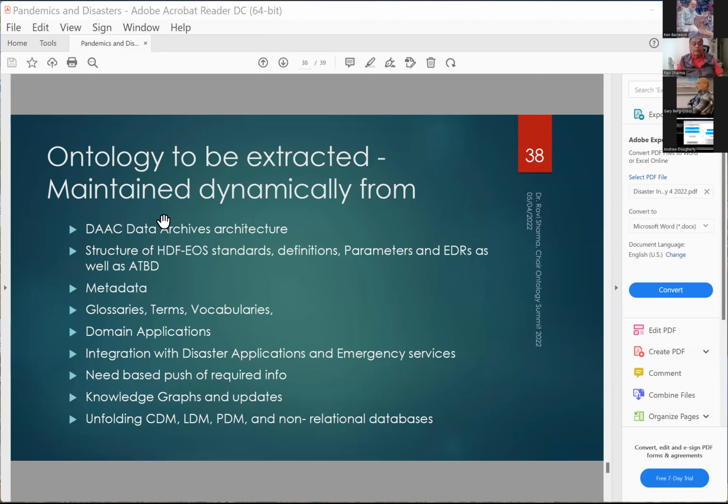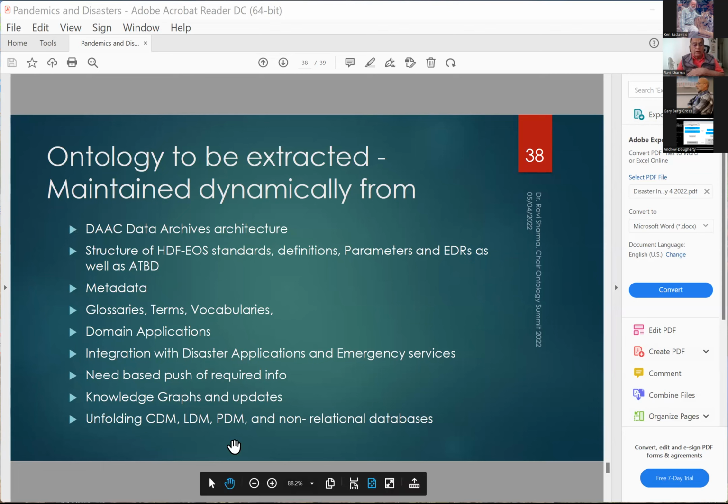These are the sources from which we have to do a lot of massaging or juxtaposition or overlays and extractions to derive an ontology, a dynamic ontology.